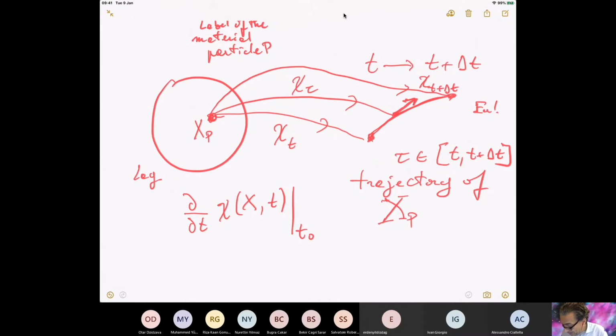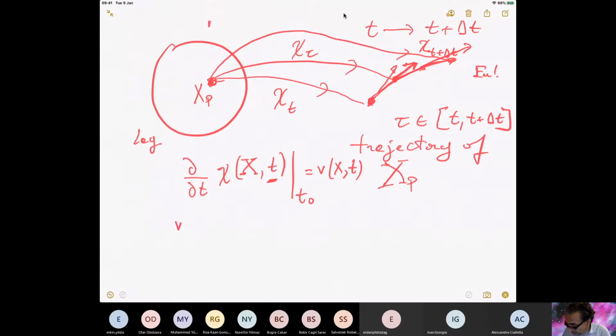Okay, but remark, this is the vector of the material particle XP. Okay, and in different times, the XP is the same, but its position is different, and the velocity v, this we can call v of capital X and t, is relative to another position.